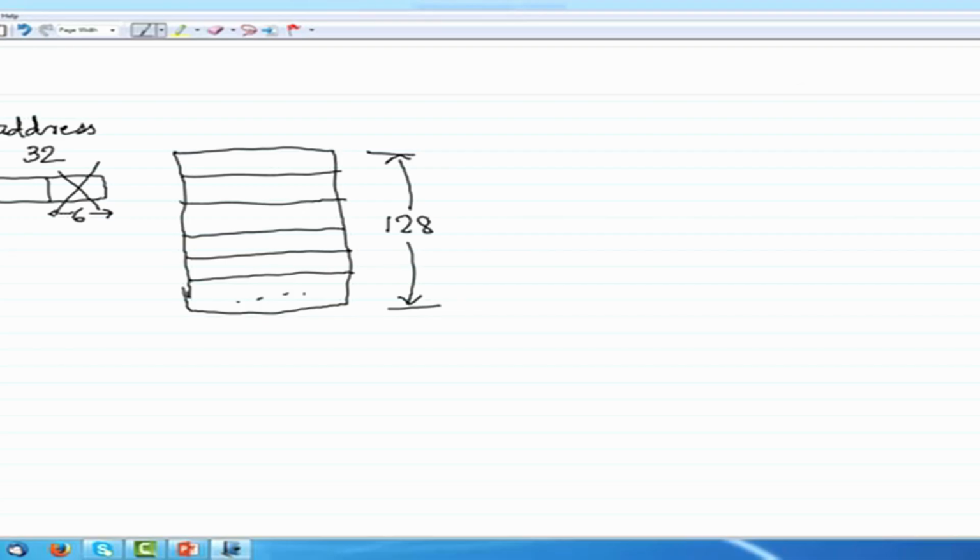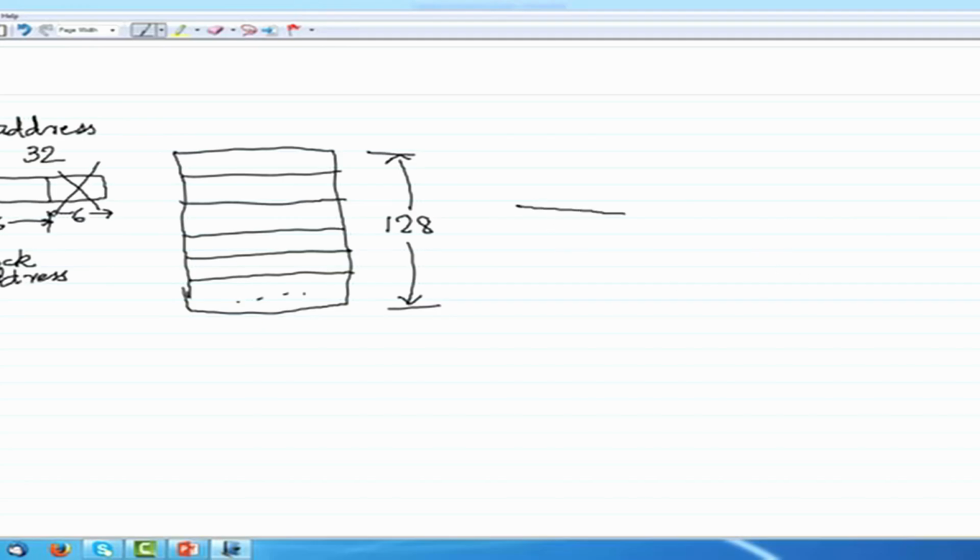The remaining part, which is the next 26 bits, is what constitutes the block address. All right. So this part is the block address, the 26 bits. And what we need to do is find out which entry out of these 128 corresponds to the block address, which is represented by these 26 bits.